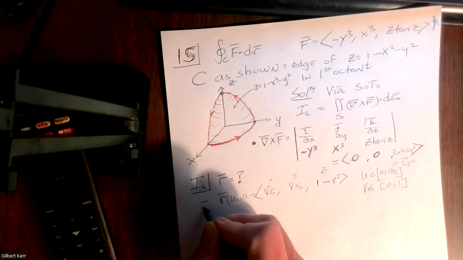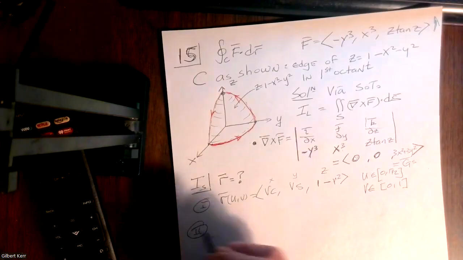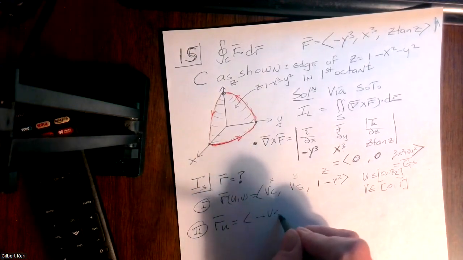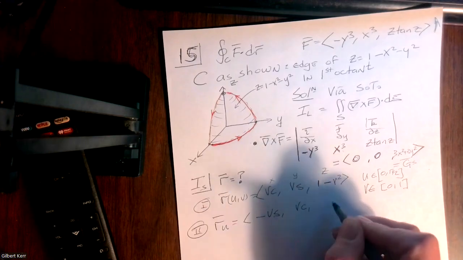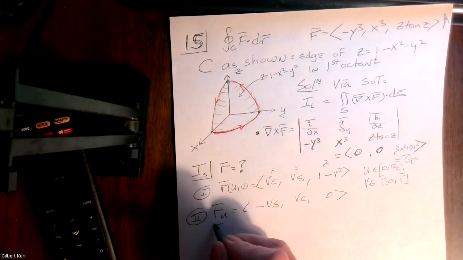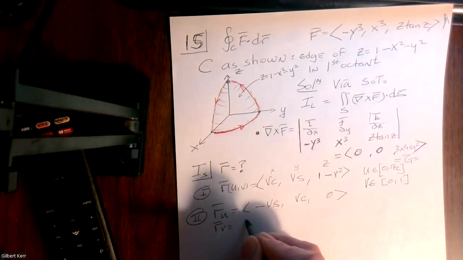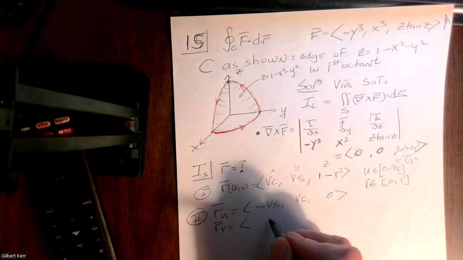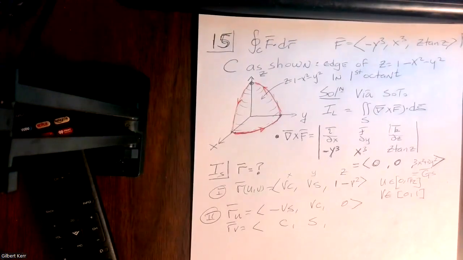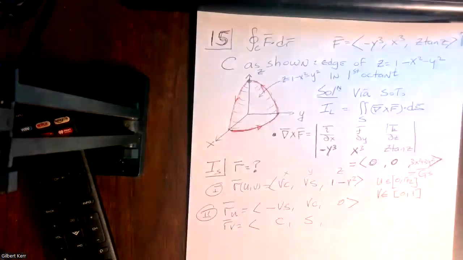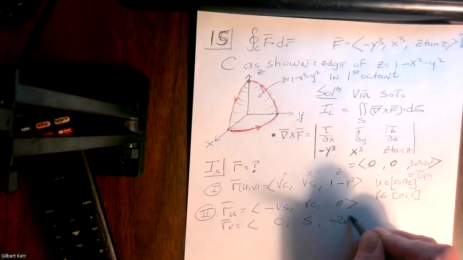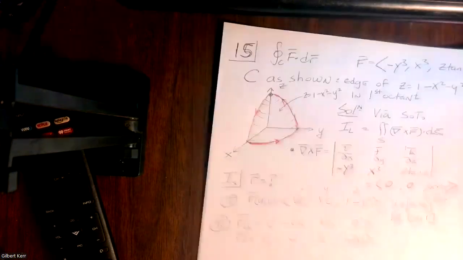So that's step 1. Step 2, partial r u is minus v sine u, v cosine u, and 0, as it always seems to be. What varies from surface to surface, however, using this type of parameterization, is that this partial is minus 2v.